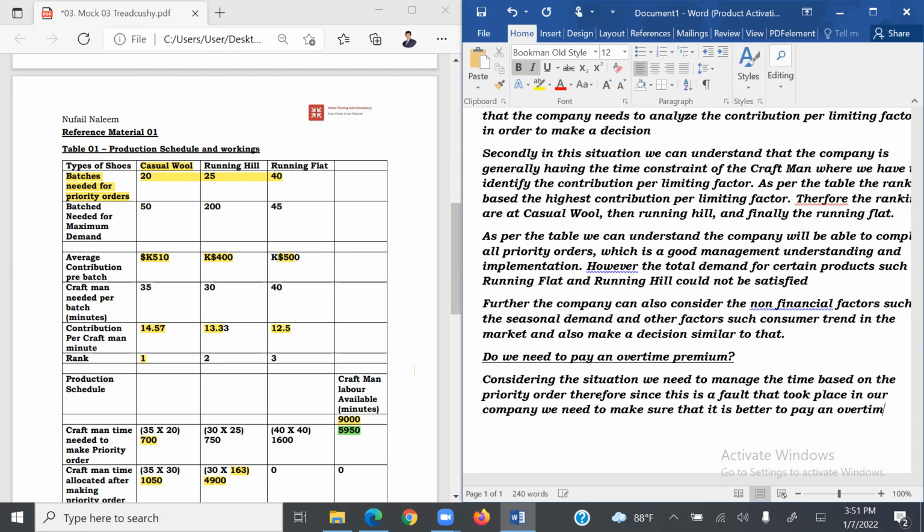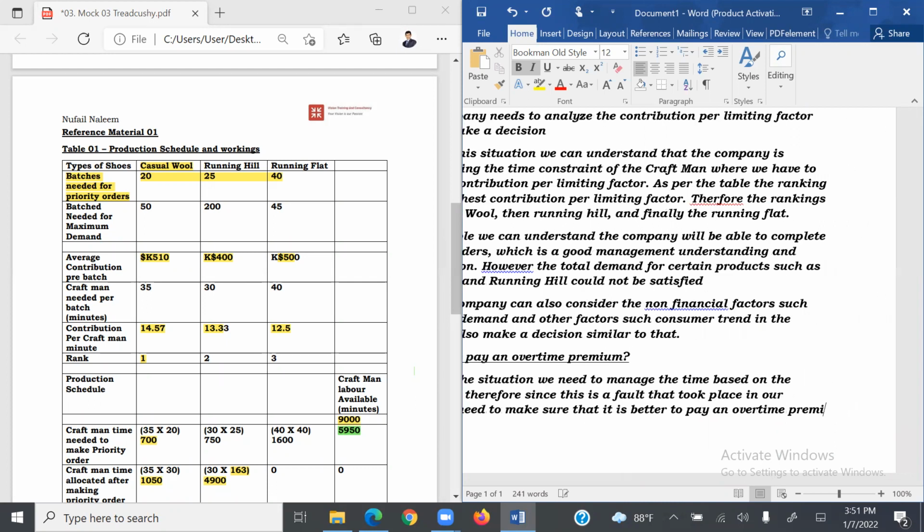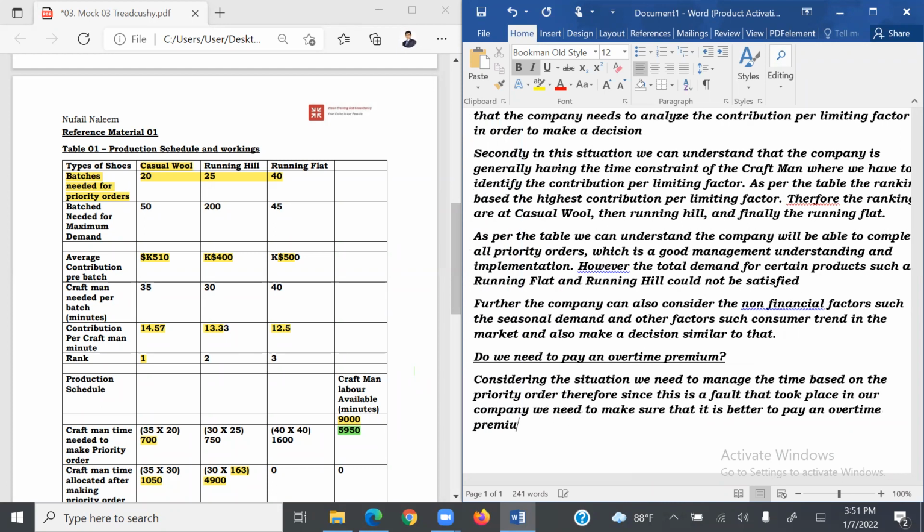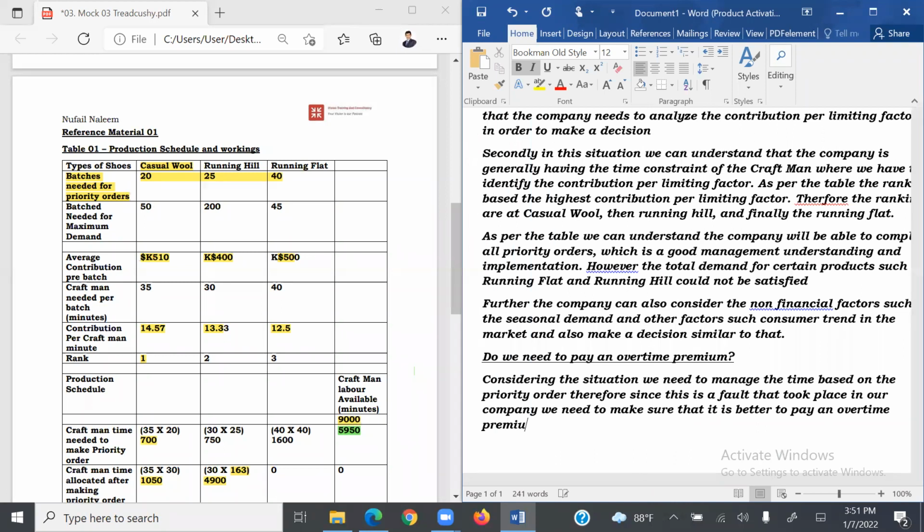It is better to pay an overtime premium since the reputation can be preserved. Get this understanding very clearly, students. The reputation can be preserved.